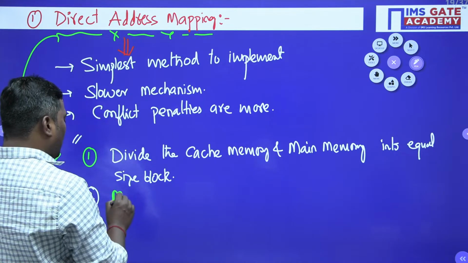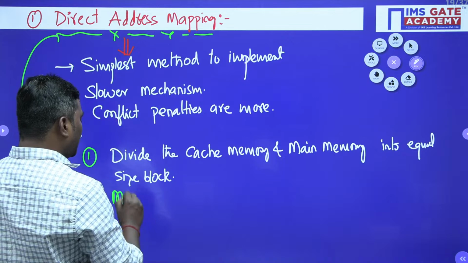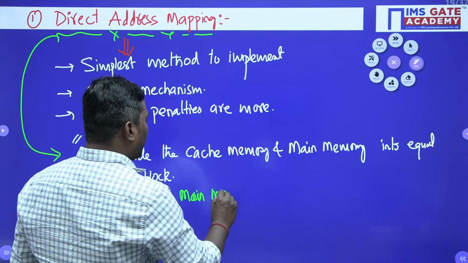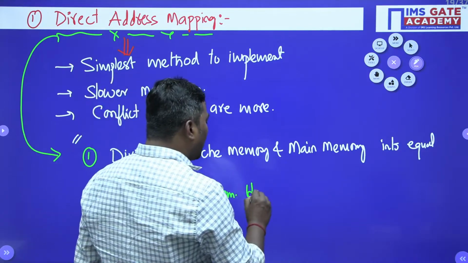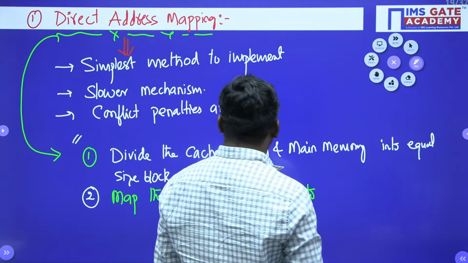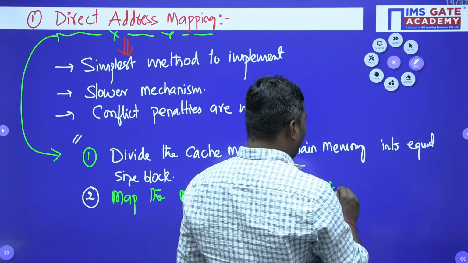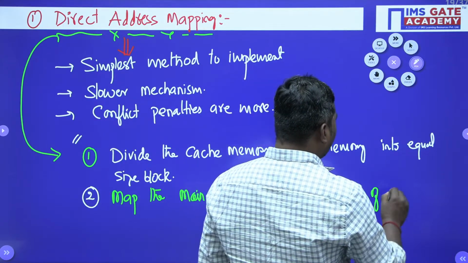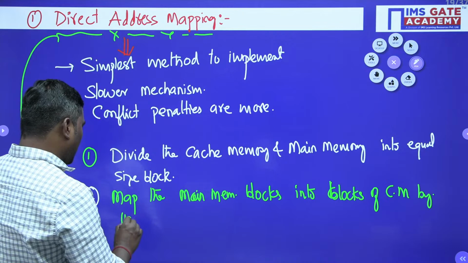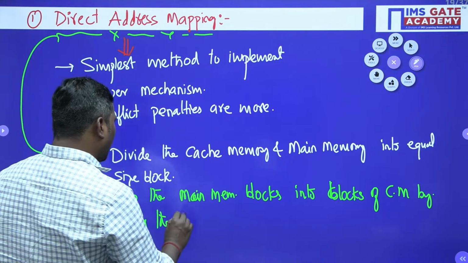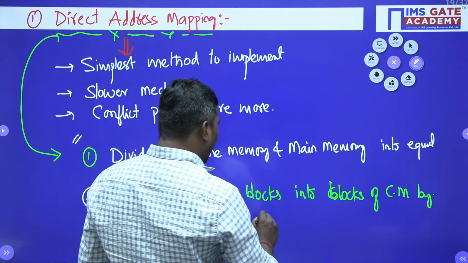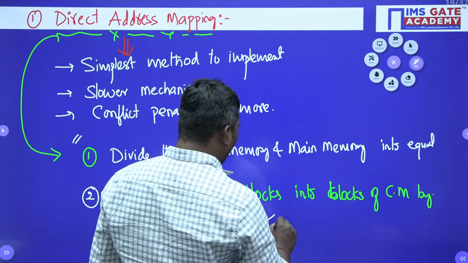Step number 2: map the main memory blocks, because we have arranged main memory in terms of blocks, into blocks of cache memory by using a function called k modulo n.